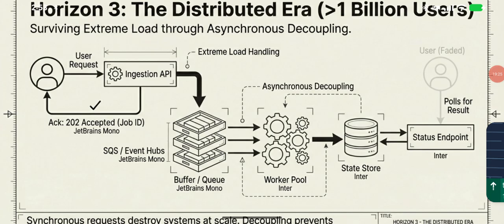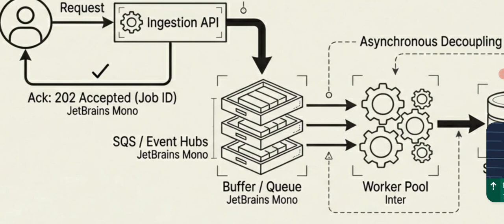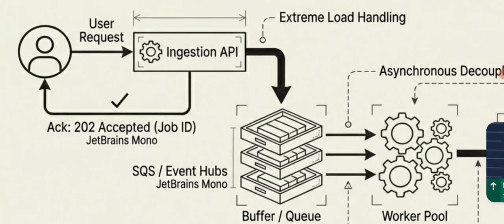If you want to scale your application beyond 1 billion users using it at the same time, which is probably good enough to cater to the entire human population worldwide, right?